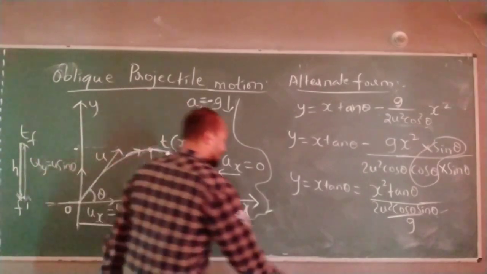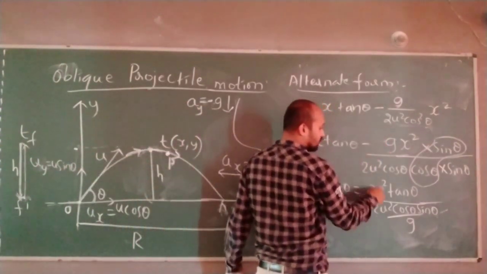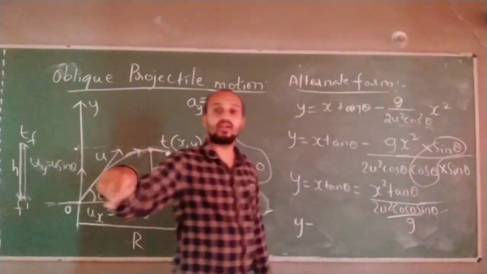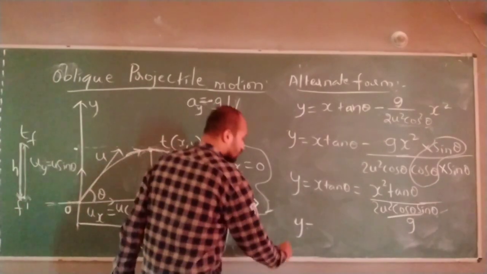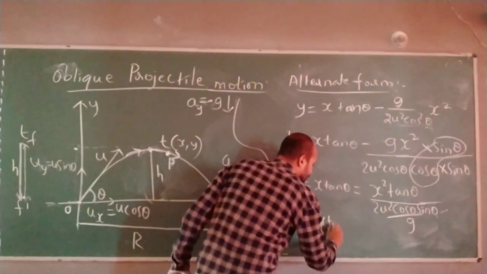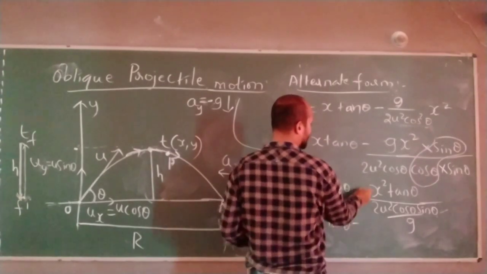So this can be written as y. See, this g upside was there. If I take it downward, it will come in the denominator of the denominator. Correct, no? So y is equal to x tan theta, sorry, this is minus sign, correct?